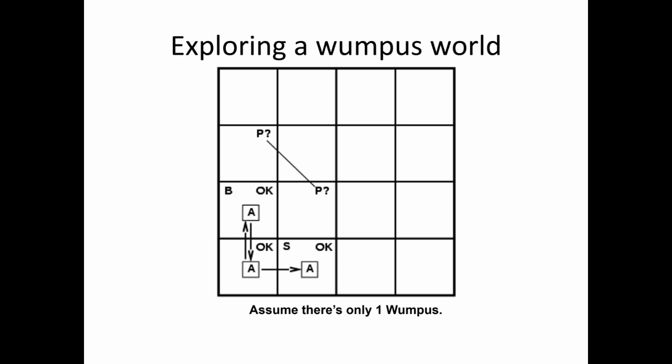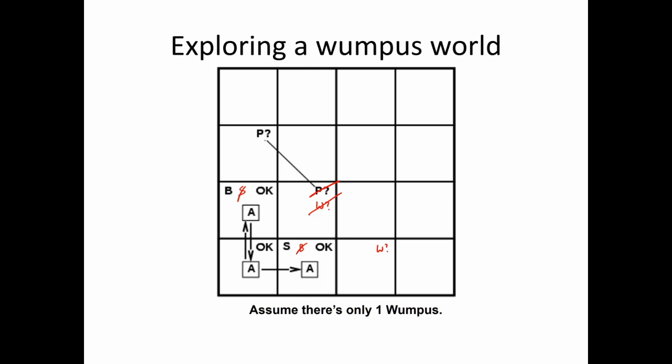And suppose we go there and we smell stench. What does that mean? If we smell stench, it could either be wumpus here or wumpus here. But then we didn't have stench here, so this cannot be wumpus. And we don't have a breeze here, which means this cannot be a pit.